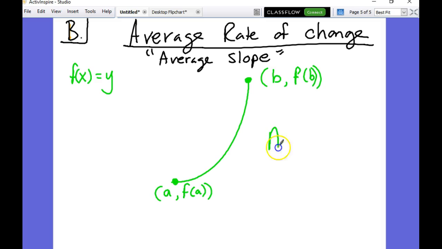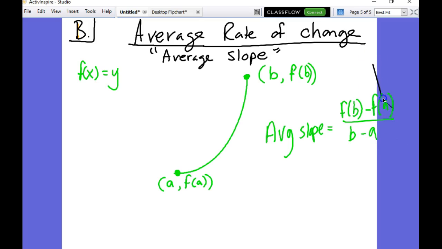So the average rate, or average slope, we'll say, the average slope is y2 minus y1 over x2 minus x1. It's just the slope formula, but I'm writing it a little bit different than usual. I'm writing it with function notation instead.